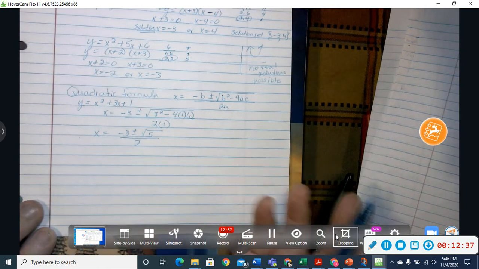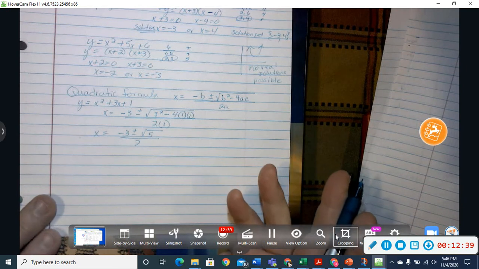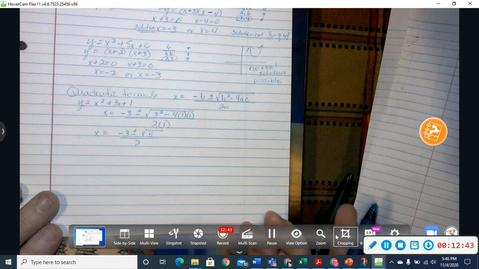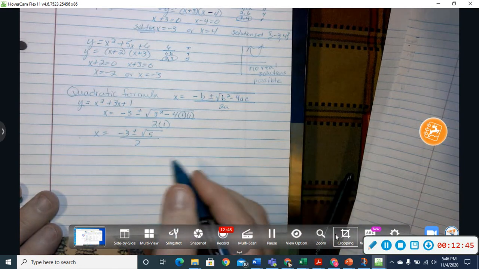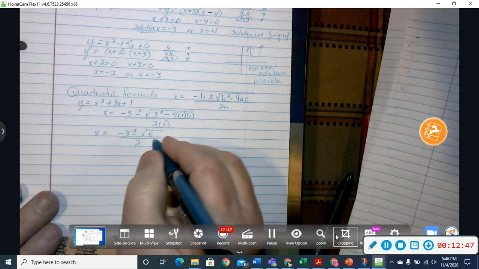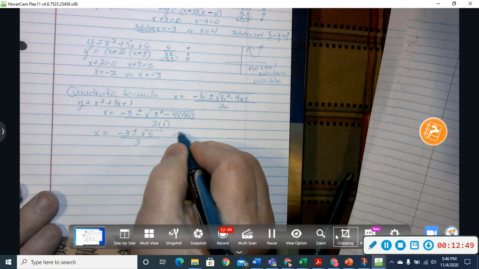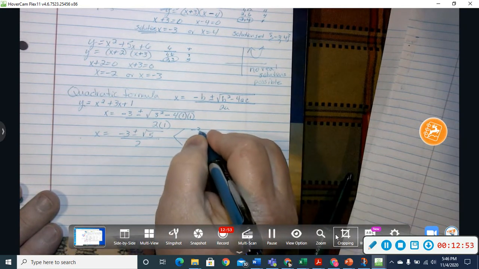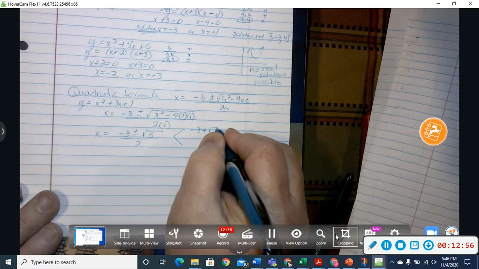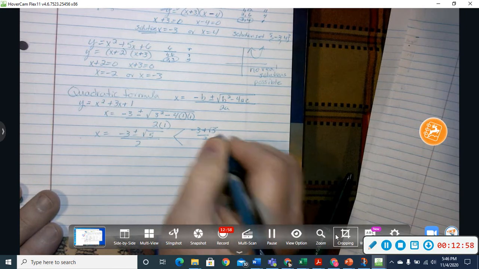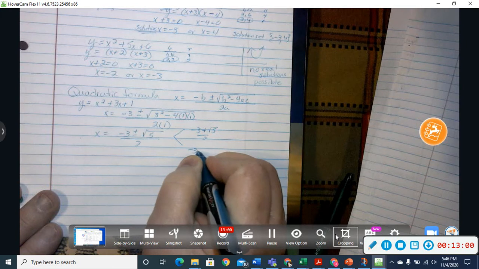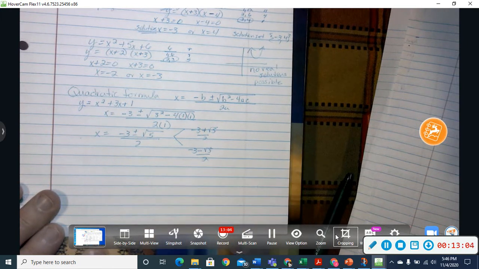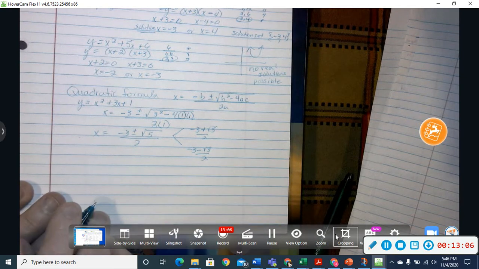Now this does not come out to be a perfect square, so we end up having to find the decimal value for the square root of 5. And so remember that because of this plus or minus, we get 2 answers. So we have to do negative 3 plus the square root of 5 over 2, and we have to do negative 3 minus the square root of 5 over 2 and find each of those answers.